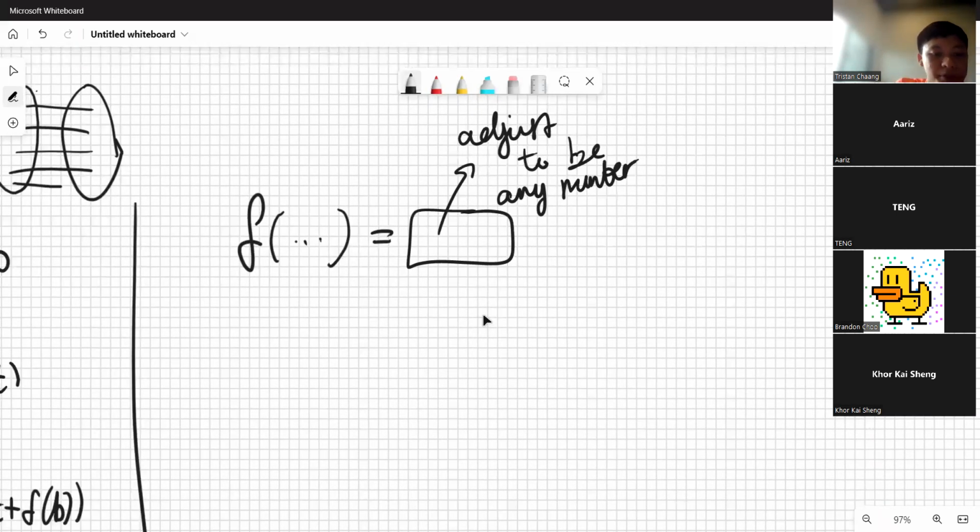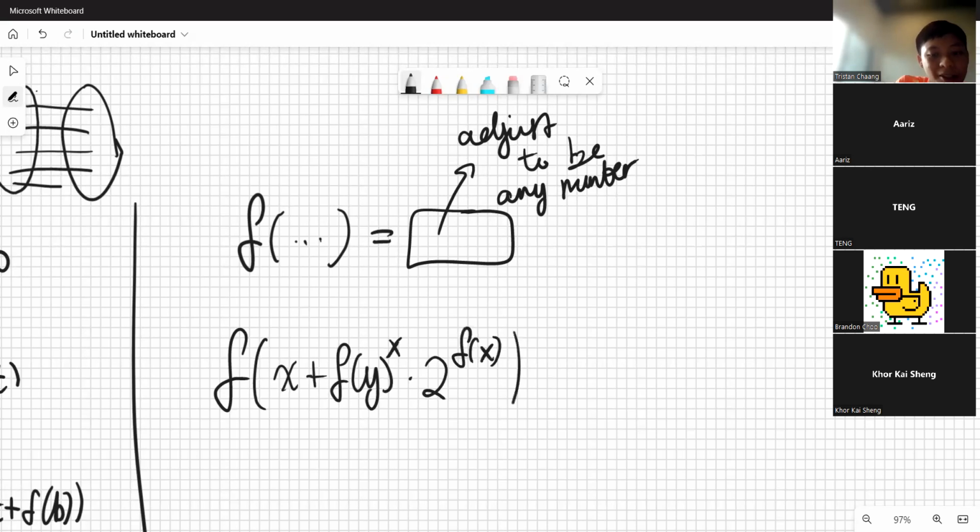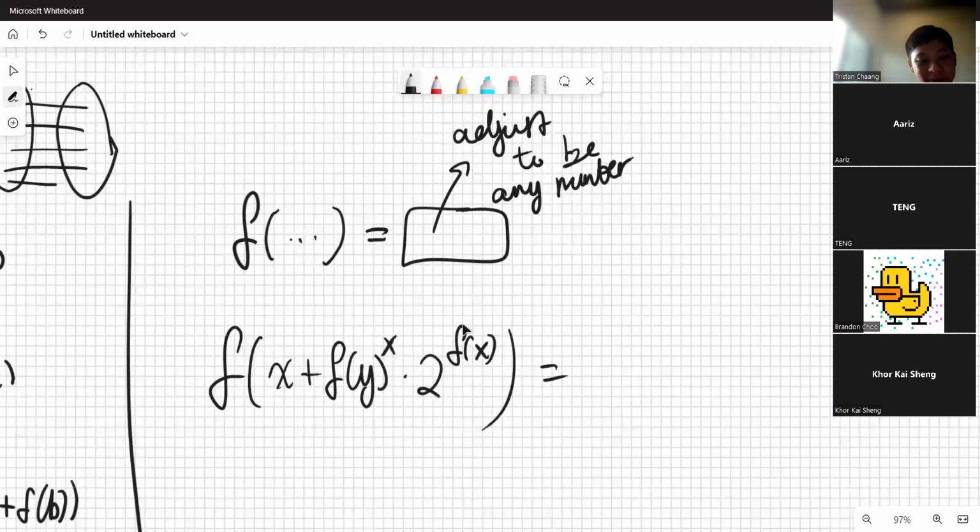So for example, let's say something like f(x) plus f(y) to the x times, I don't know, 2 to the f(x), whatever. A very, very complicated thing on the left hand side, doesn't matter. Let's say on the right hand side is something nice.